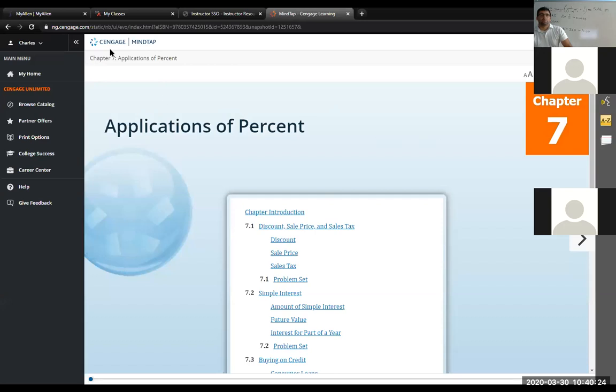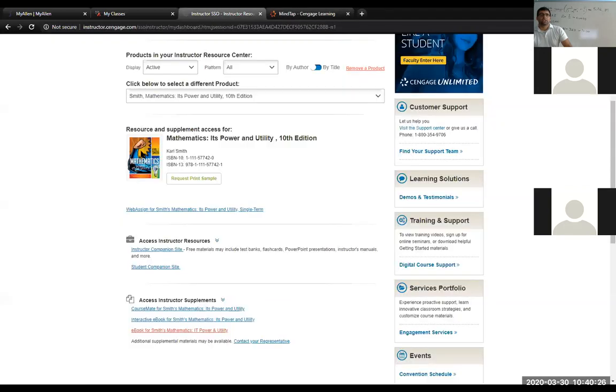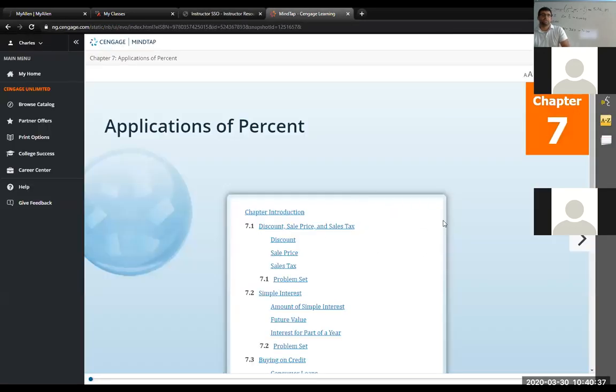The supplemental book looks like this, and it's one of the ones that should have been added, but if you for some reason didn't, the stuff for it is in the syllabus, and the ebook, that chapter 7 is applications of percent.